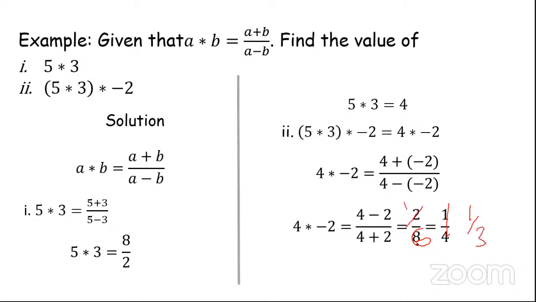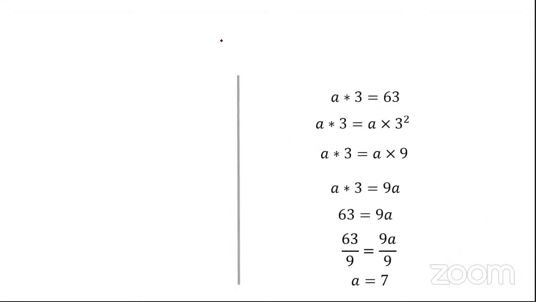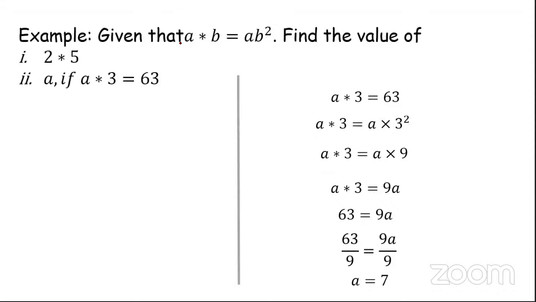Because here it would be by 1 and here by 3. So 4 star negative 2 would be the same as a third. Any questions before I continue? No question.